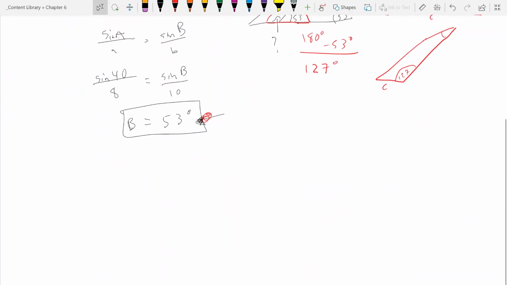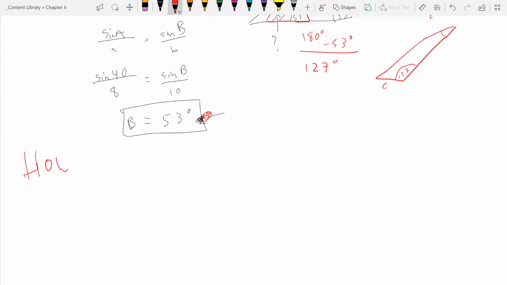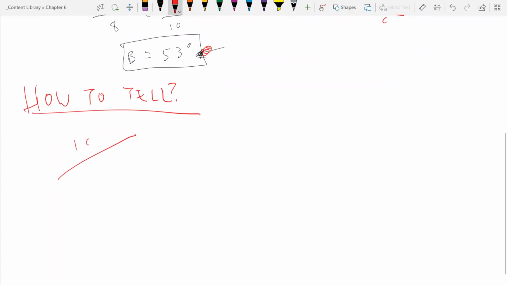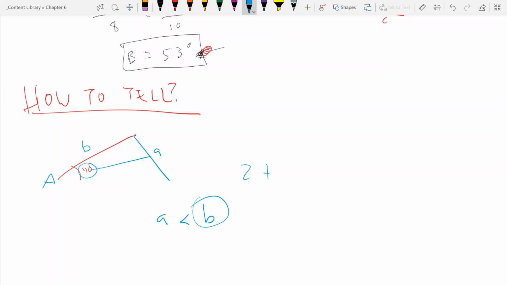So the big question is, how do you tell? Okay? We did an example where it was. The way that you can tell is when that first side gives you this angle, and the opposite side, let's call this A, because it gave us angle A. When A is less than B, when it's any number smaller than B, that means there's two triangles.